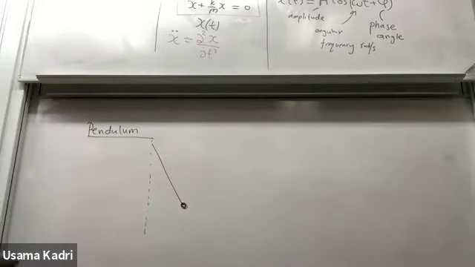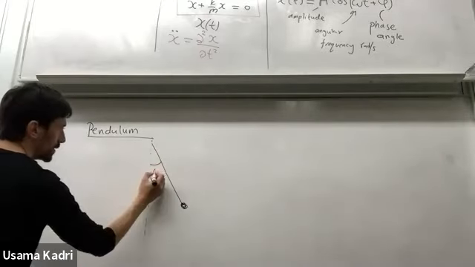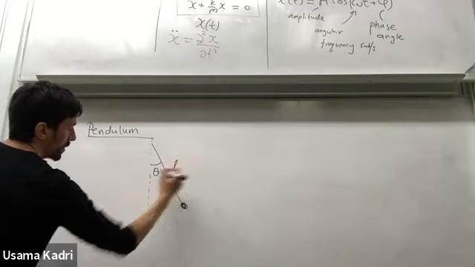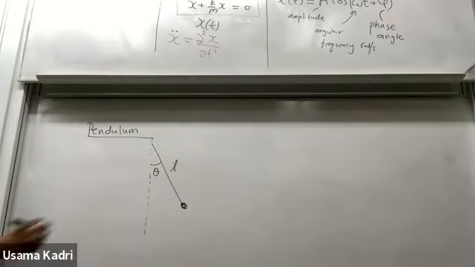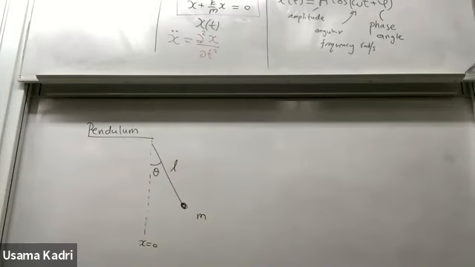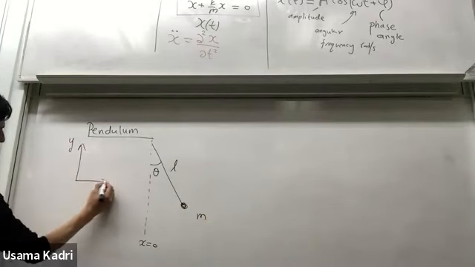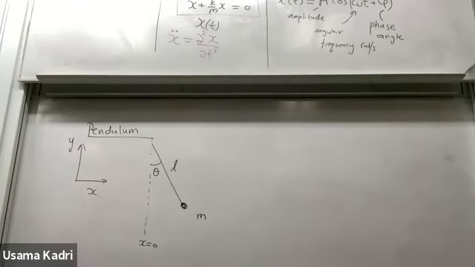We release the pendulum from, now we have some angle here, theta. We know the length. We know the mass. And I would choose this as my x equals 0. I can choose this as y, and this as the increasing value of x.